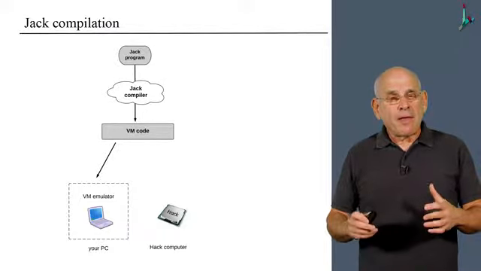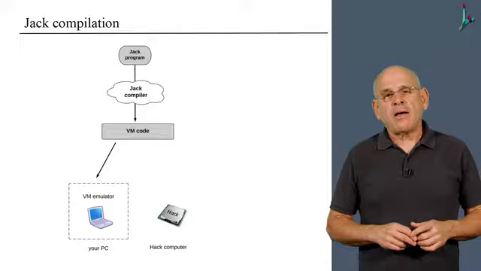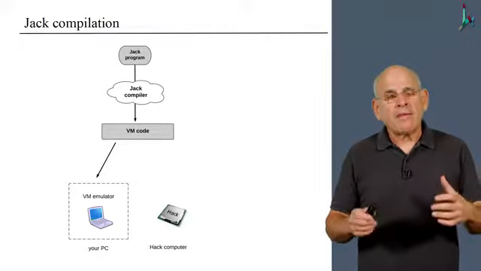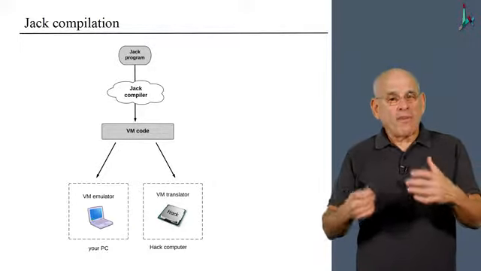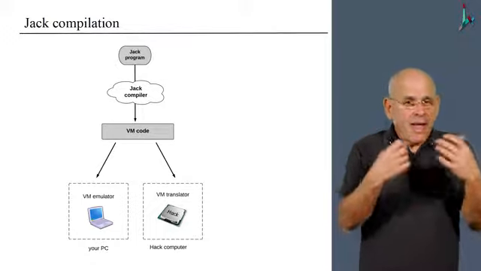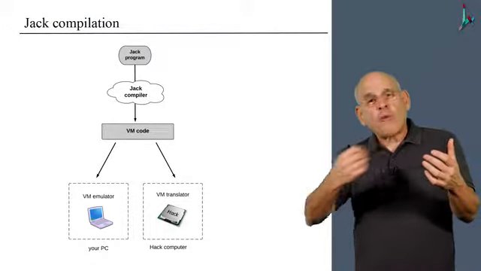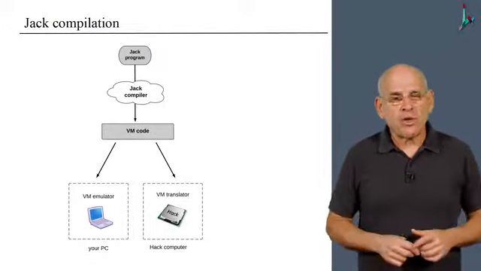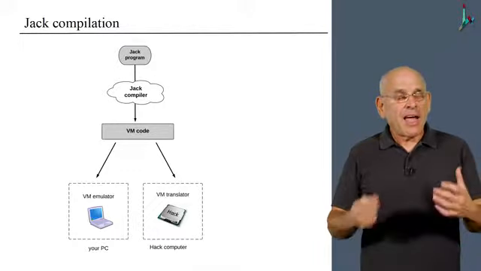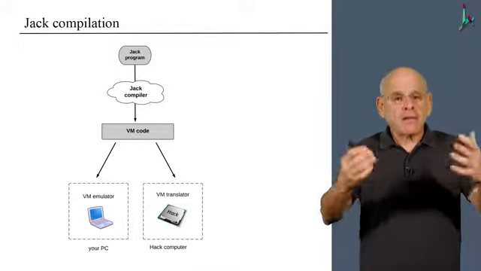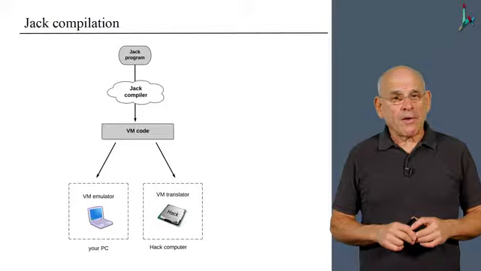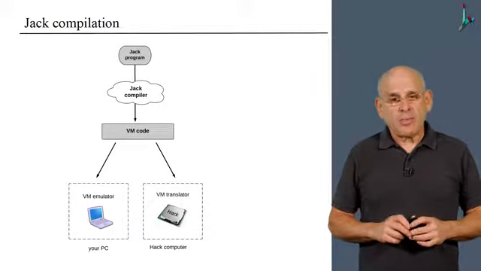At the same time, and parallel to this approach, we will also write a substantial program, a VM translator, that takes the VM code and translates it into the machine language of the hack platform. And this actually will be sort of the pinnacle of module 1, of what we do in this particular module.